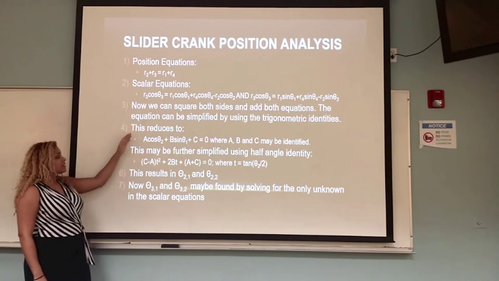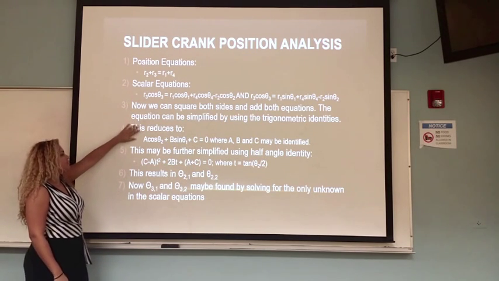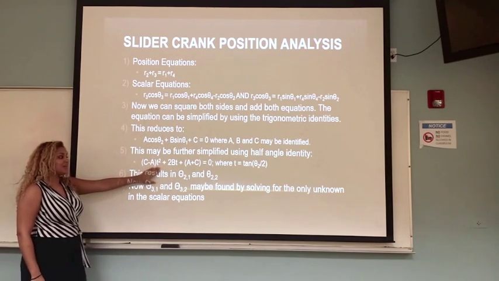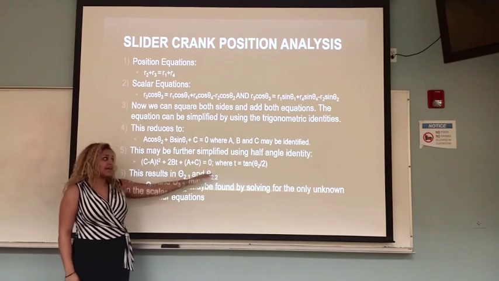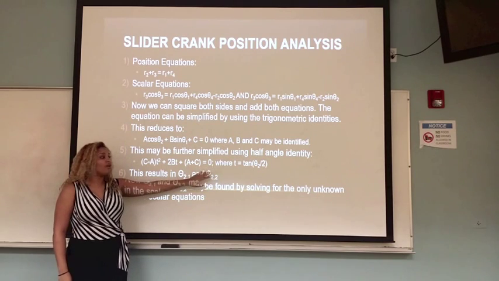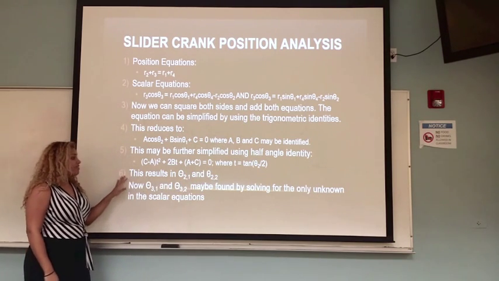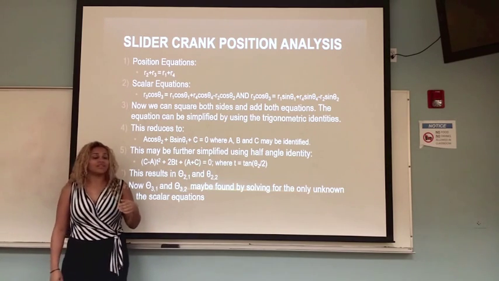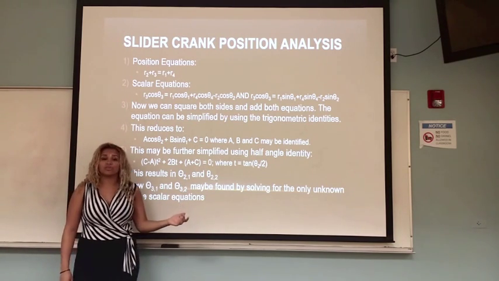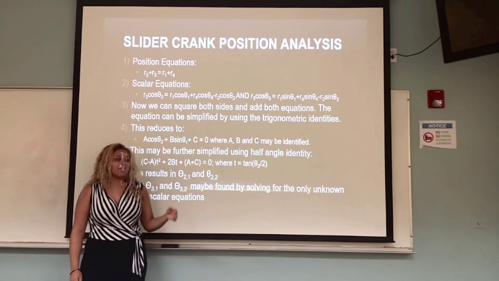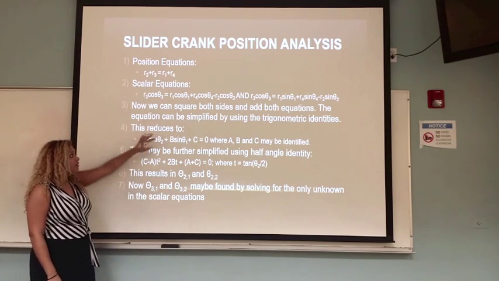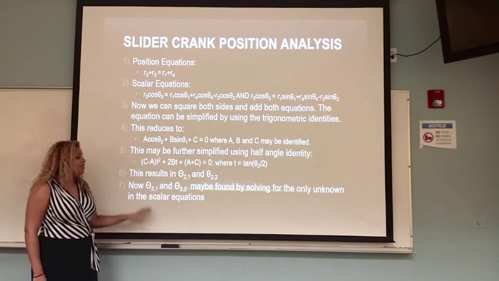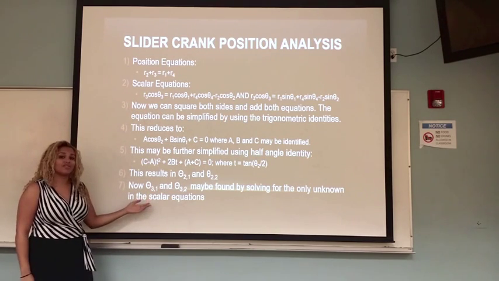After, this equation can be reduced all the way down to a quadratic equation where this value t is represented as tangent of theta 2 over 2. This results in giving us two different theta 2 values for position 1 and position 2. These theta 2 values can be plugged into the equation above to find the two position equations for theta 3.